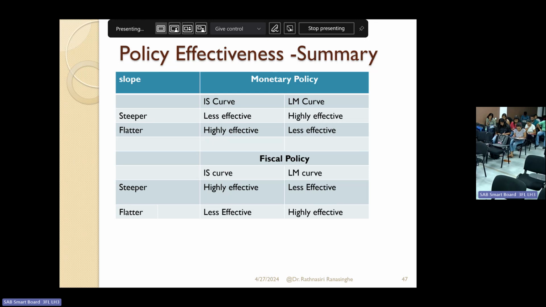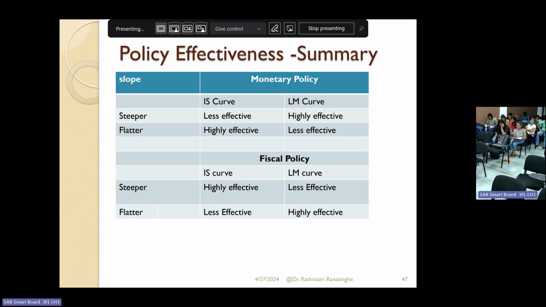So likewise, you can identify the effectiveness of the policies by looking at the slope of the IS and LM curves. This is the final conclusion. Monetary policies are more effective if we have the steeper IS curve and a flatter LM curve.